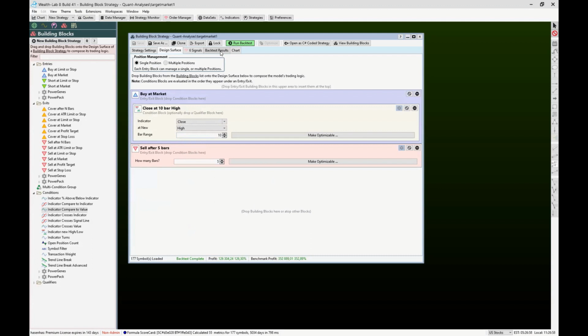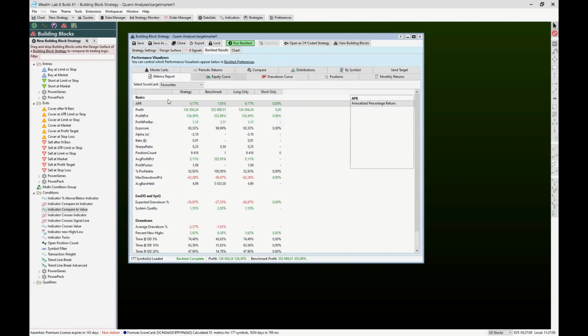Okay, so let's do now the opposite. Close makes a new low. Everything else stays the same. And now we have to look if we're doing better or worse. Let's do the backtest. Okay, so we're doing much better, right?